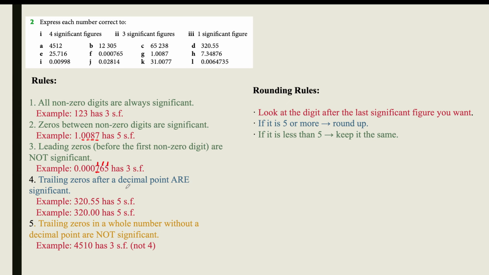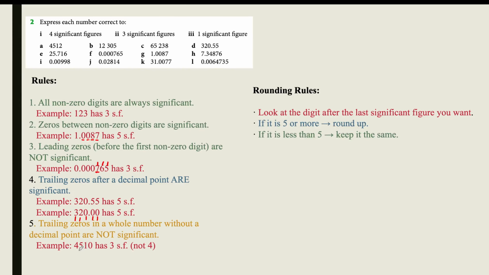Trailing zeros after a decimal point are significant. For example, 320.00. So in here, first significant figure, second, third, fourth, fifth. When we have zeros after the decimal, they are also categorized as significant figures. Trailing zeros in a whole number without a decimal point are not significant.